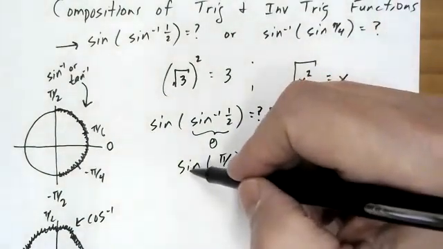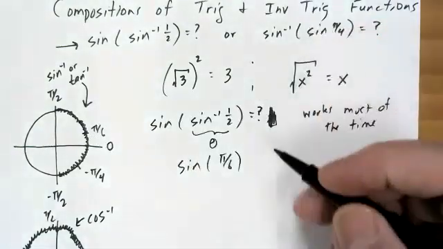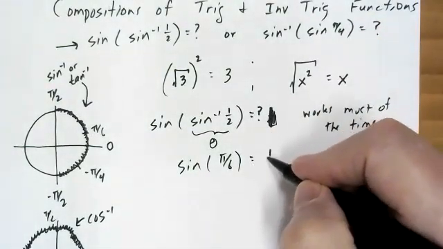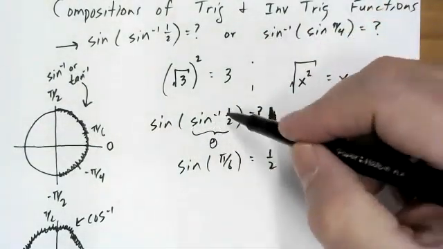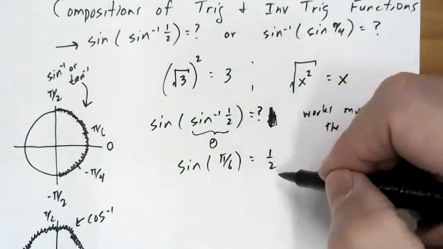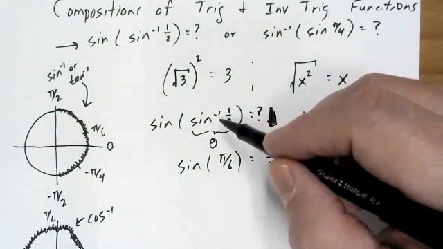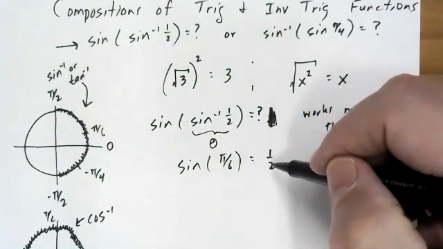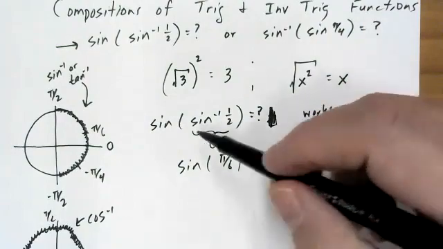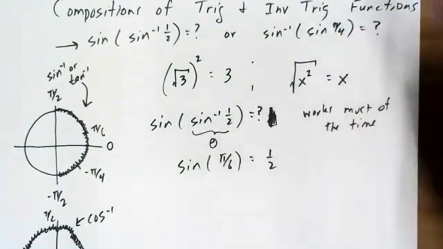So now I say, what is sine of pi over 6? Sine of pi over 6 is 1/2. So for this one, you could say the shortcut works, right? You started out with 1/2 inside of this composition function. And when you're all done, the answer is 1/2. It's almost like the inverse and the trig function canceled out.